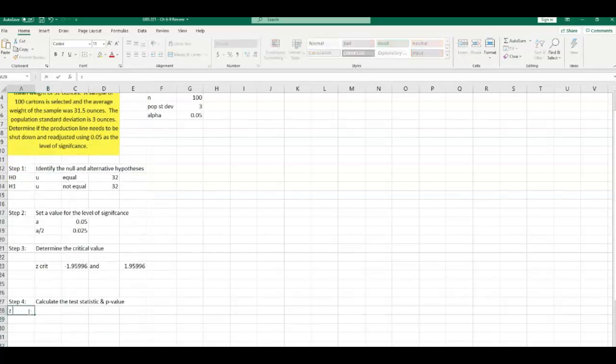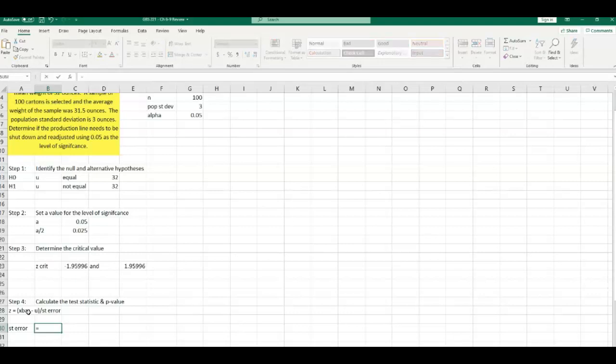If we think about the formula for our z-score, that's going to be our x-bar minus our mean, all divided by our standard error. So, once again, we're going to need to find our standard error. Once we find that, then we can just plug in our other values and we can get this test statistic.